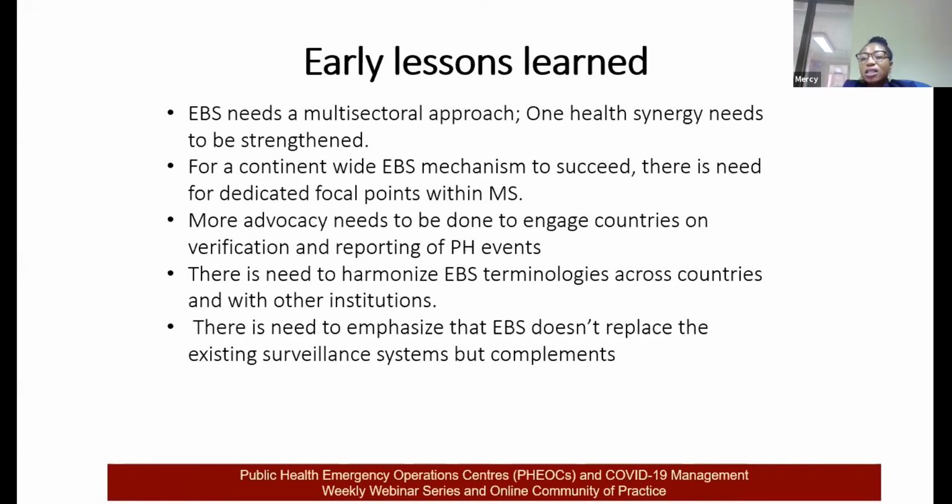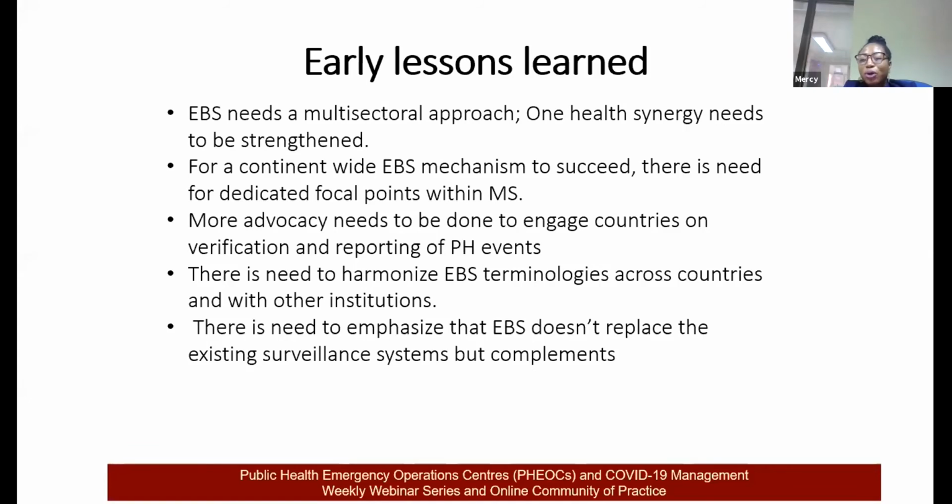And as Africa CDC, we've encountered that challenge as well with our focal points on the ground. So we look forward to advocating for countries maybe to designate new focal points, or we see how to strengthen the system that we already have. More advocacy needs to be done to engage countries on verification and reporting of public health events.